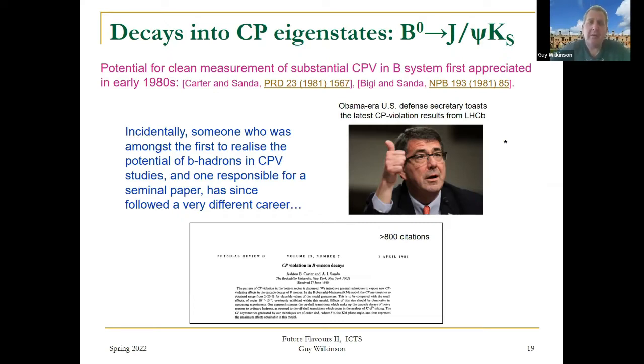This was the first idea of trying to make a measurement of CP violation in the B system. And this was first appreciated by famous physicists who are still with us, Sanda and Bigi. I'd just like to point out this other guy involved, Ashton Carter, who co-signed Bigi's paper of 1981.